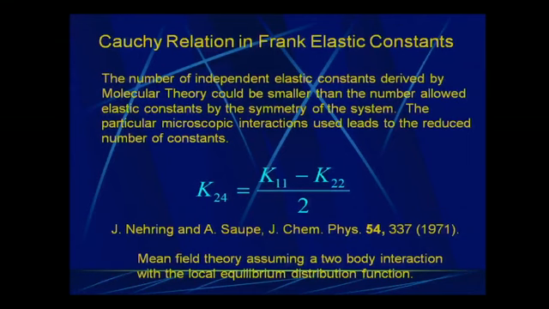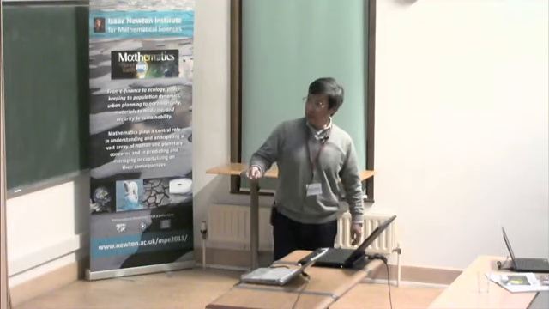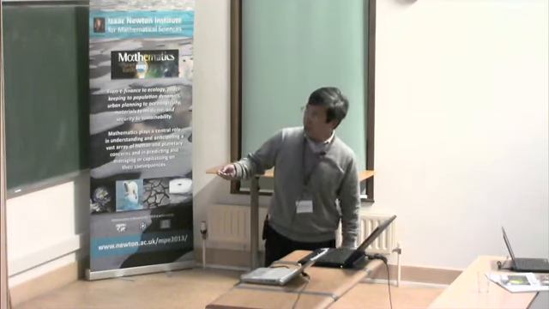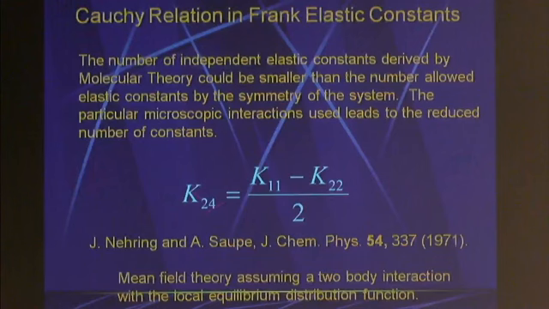That is essentially the basis of this Cauchy relationship. Back in '71, Nehring and Saupe developed a molecular theory based on a mean field model, and they came up with this Cauchy relationship. Being mean field theory, it contains many assumptions, and one of them is the local equilibrium assumption, using the same distribution function as in the uniform nematic state.